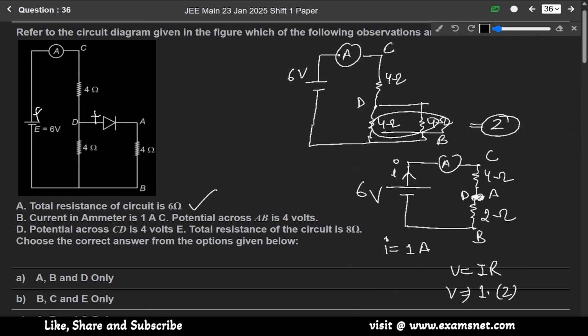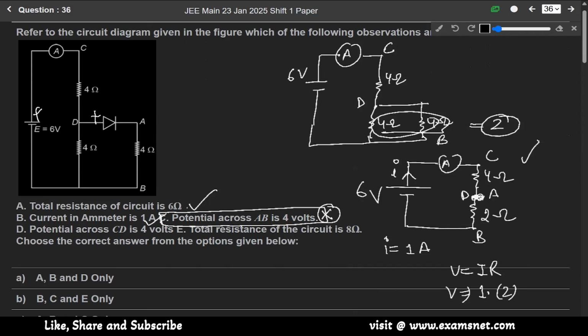And potential across CD is 4. This one is correct. It will be 4. The total resistance of the circuit is 8. The total resistance will not be 8. The total resistance will be 6. Okay, this is point C. This one is wrong. This one is correct.